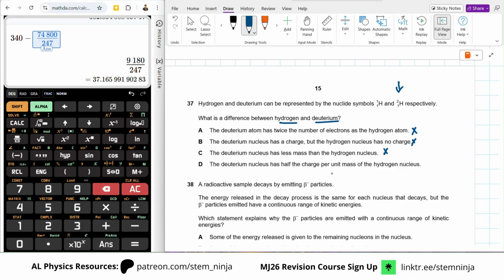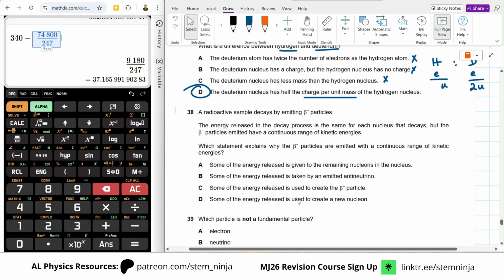Charge per unit mass. That would be true because charge is the same, Q, basically 1e, 1e. So for H and for deuterium, you have charge e because one proton, but mass is twice. Sorry, 1u mass for one proton and 2u for that. So basically half the charge per unit mass.